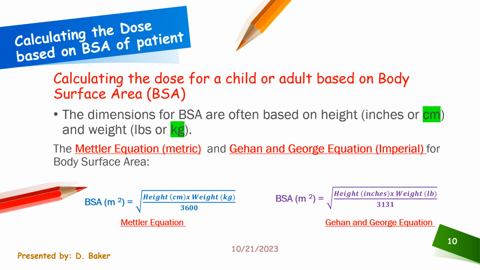You must remember to take the square root once you have completed the computation for the height and weight and found the quotient with the 3,600. For the Gehan and George equation, this is in imperial measurements, so you would put your units in inches for height and pounds for weight. The constant here is 3,131.